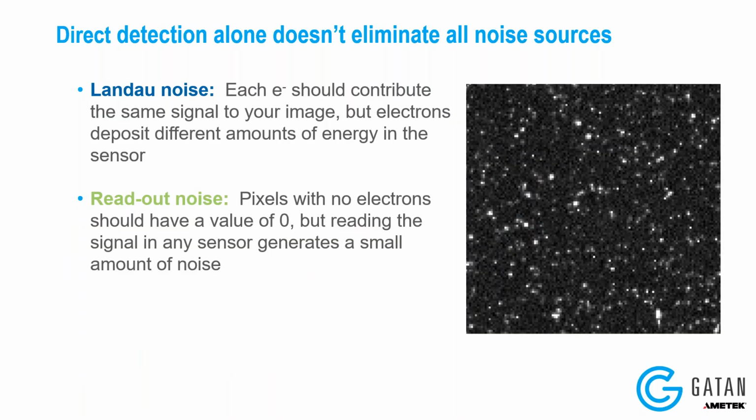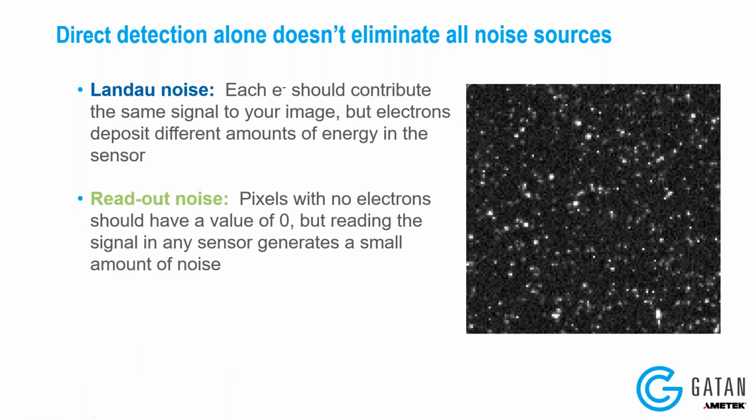There's another type of noise, readout noise, that also is still a problem for direct detection cameras. Ideally, you would want pixels that don't have any electrons hitting them to have an intensity of 0. But reading the signal in any real sensor does generate a small amount of noise. And so you can see that in this image that I'm showing here. The background is not exactly zero.